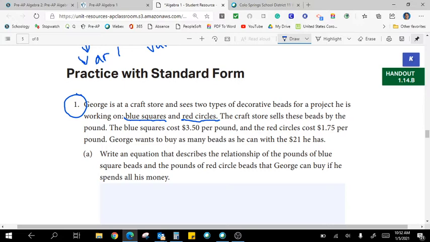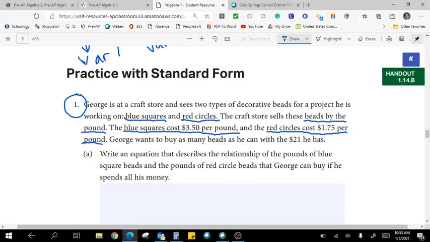It says the craft store sells these beads by the pound. The blue square beads cost $3.50 per pound. The red circles cost $1.75 a pound.